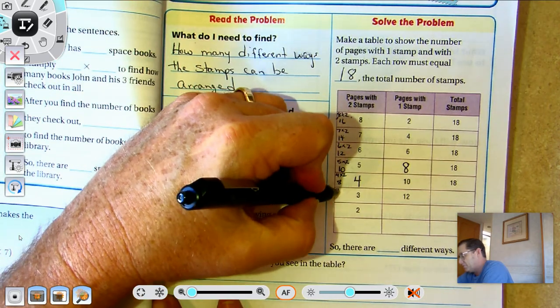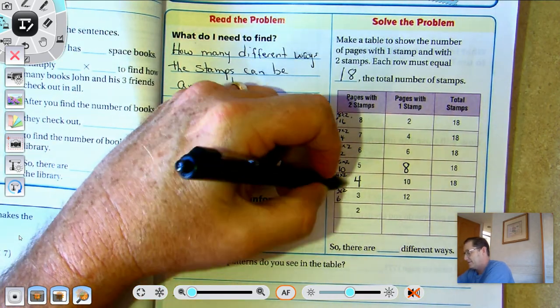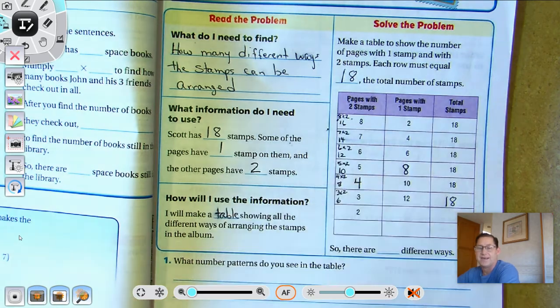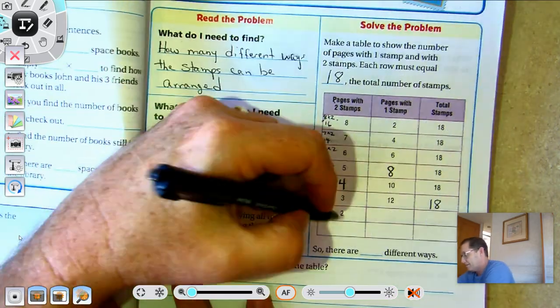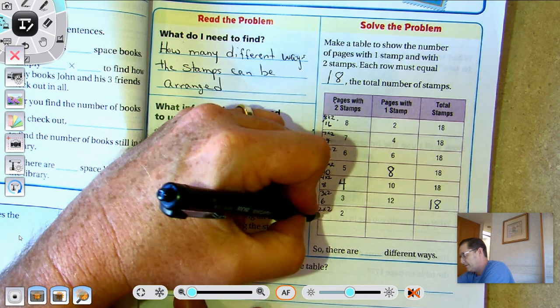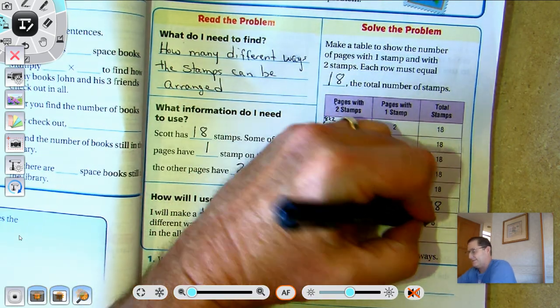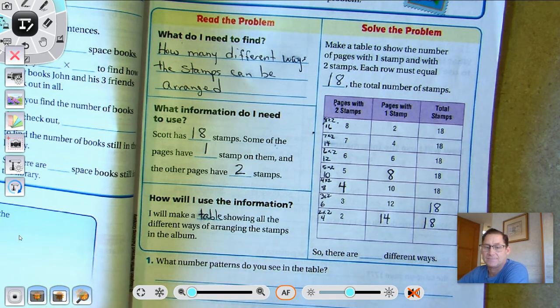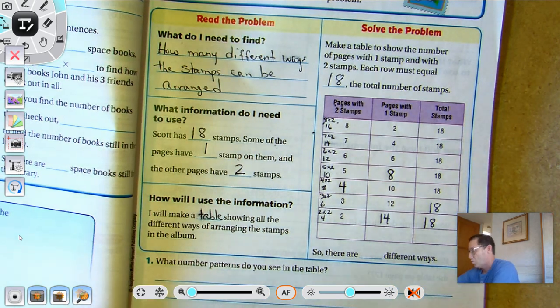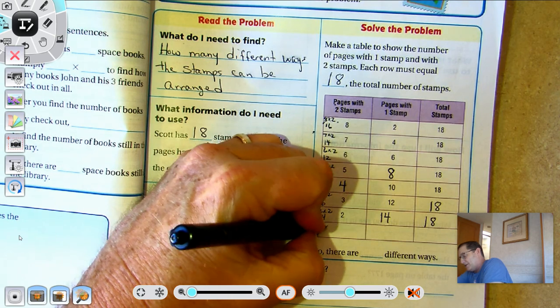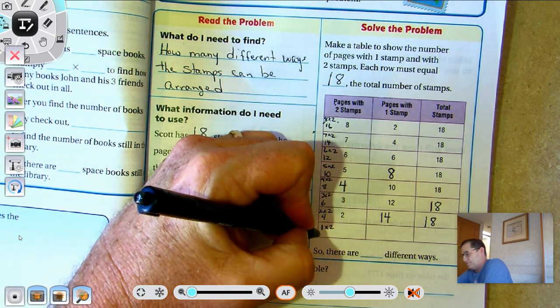3 times 2 is 6. 6 plus 12 is 18. 2 times 2 is 4, and 4 plus 14 is 18. What if we had one page of 2?